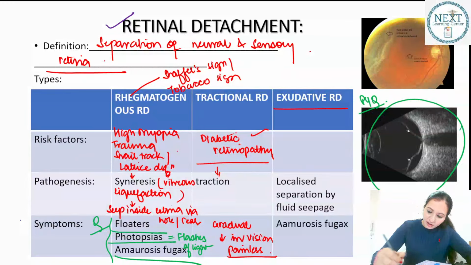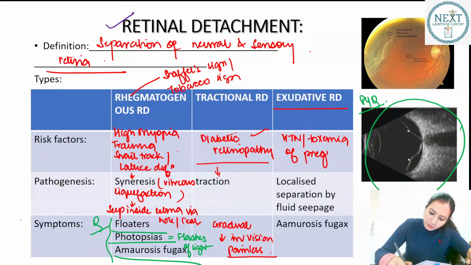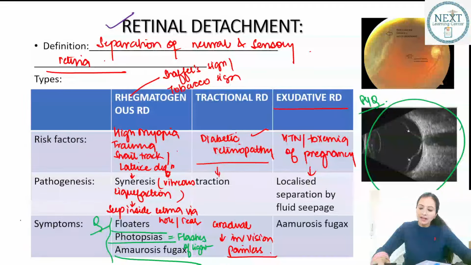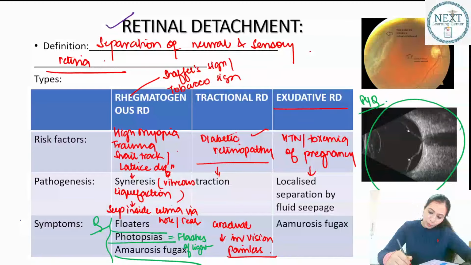Then is exudative RD. Risk factors involve hypertension or toxemia of pregnancy. What will they lead to? They will lead to the localized separation of the retina. Then what is the sign that is characteristically seen in exudative RD?